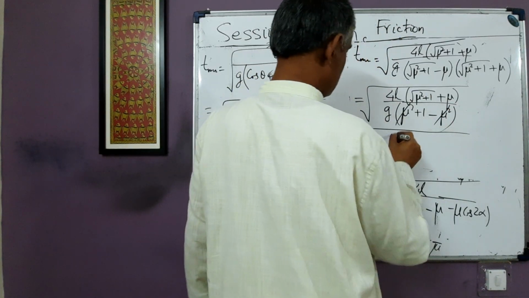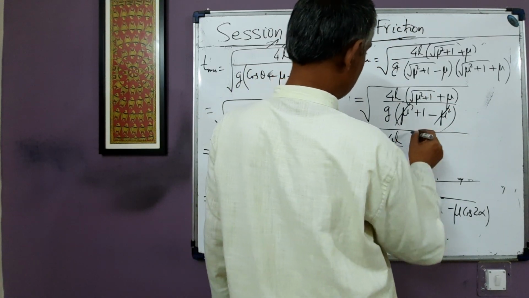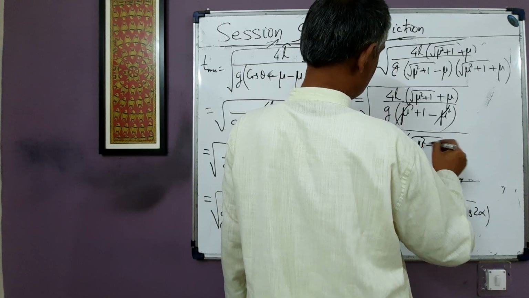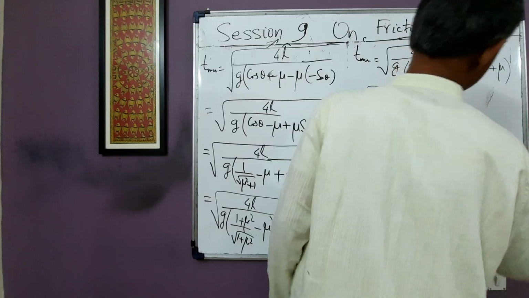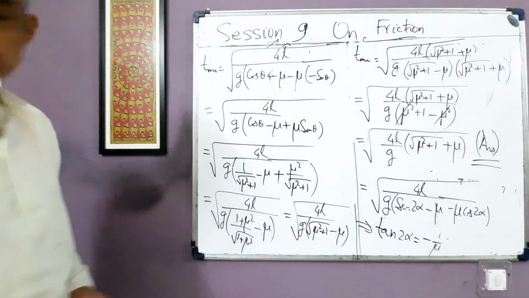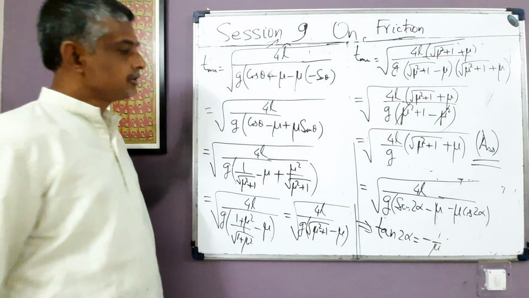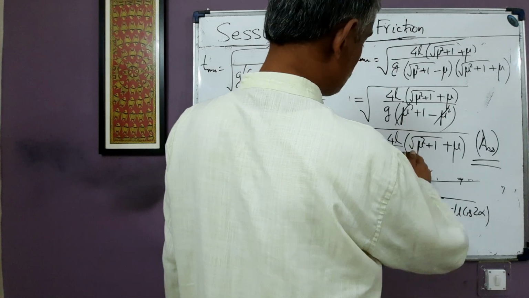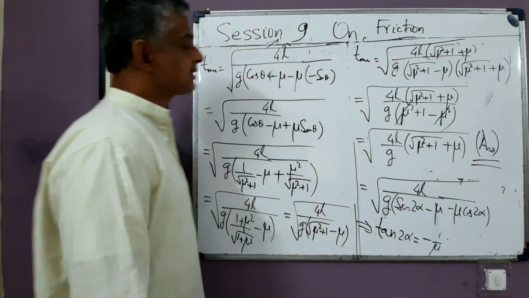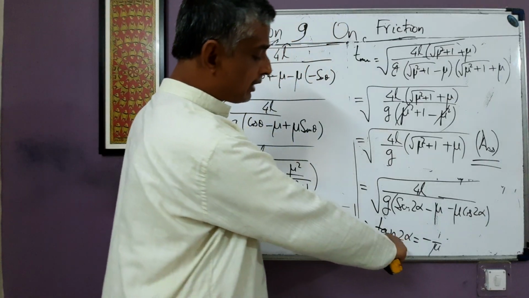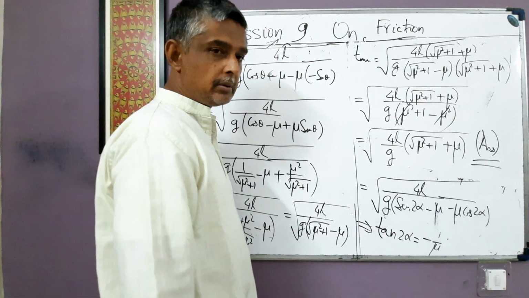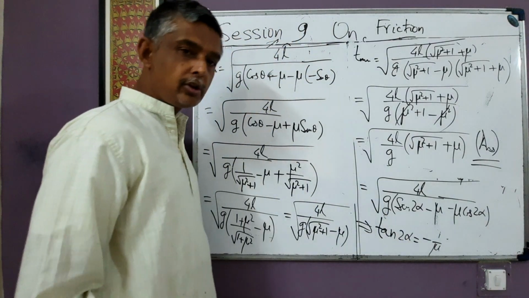So this becomes 4L by g times root of mu square plus 1 plus mu, which is the answer to the second part of the question. So T min is going to be root under 4L by g times root of mu square plus 1 plus mu. This is the minimum value of T, and for this alpha, given by tan 2 alpha, T will be minimum.